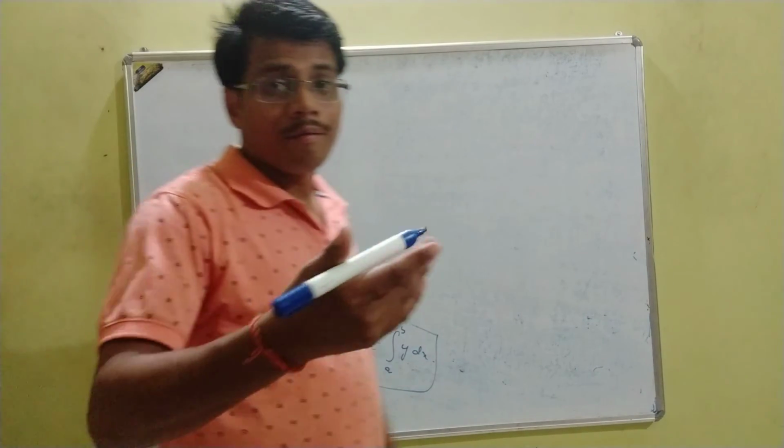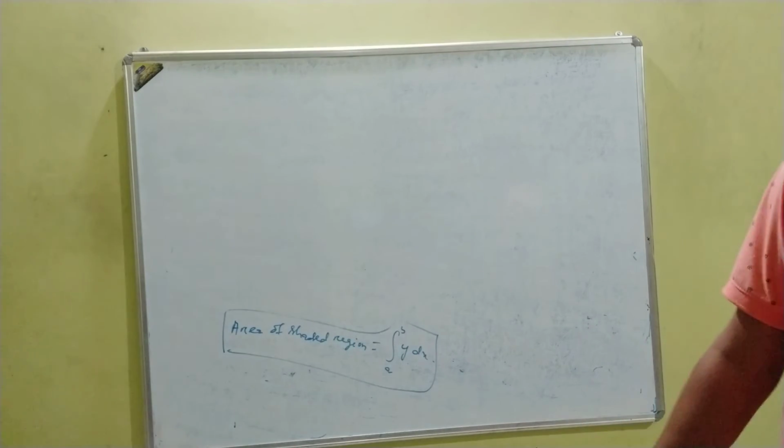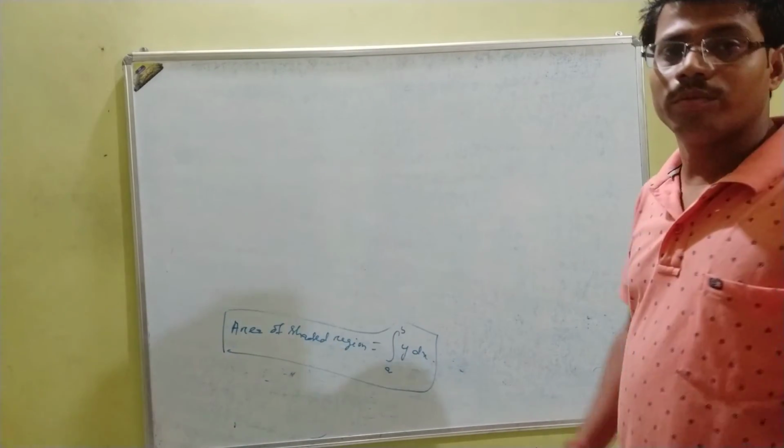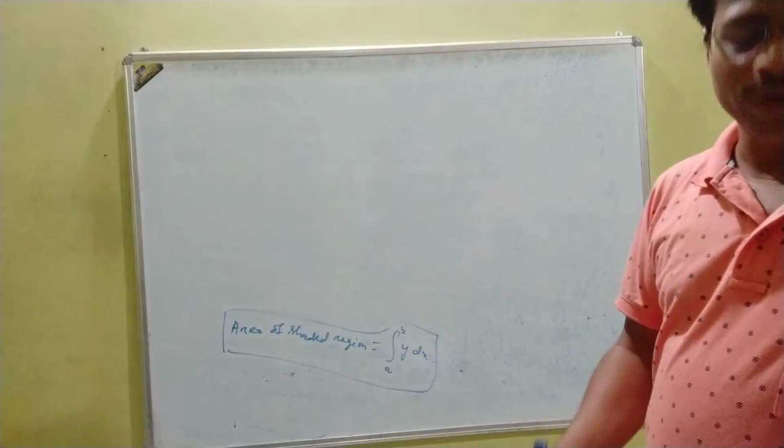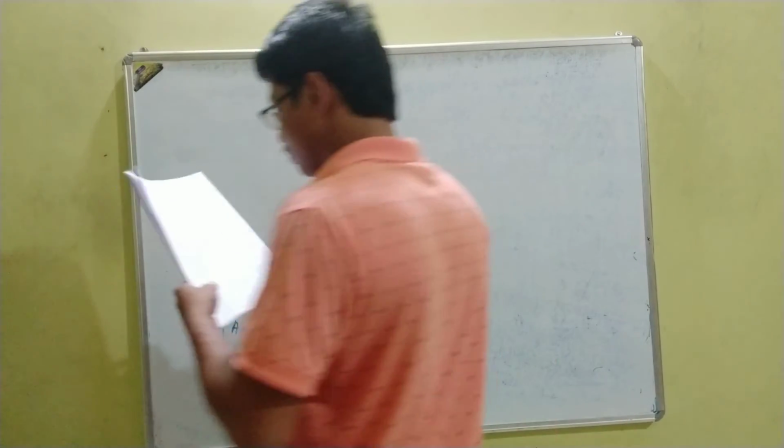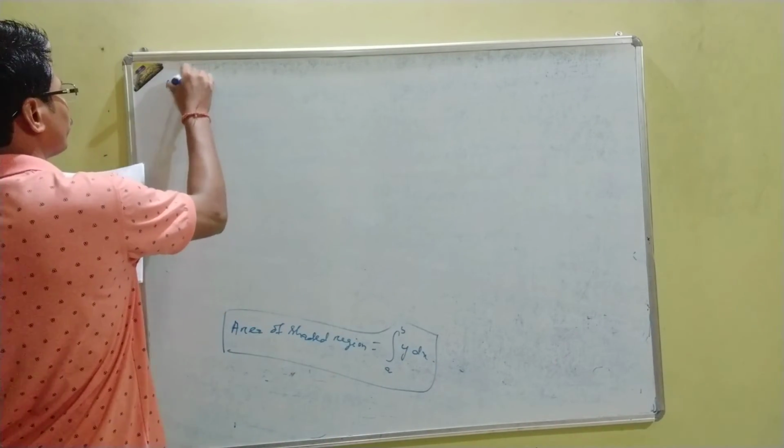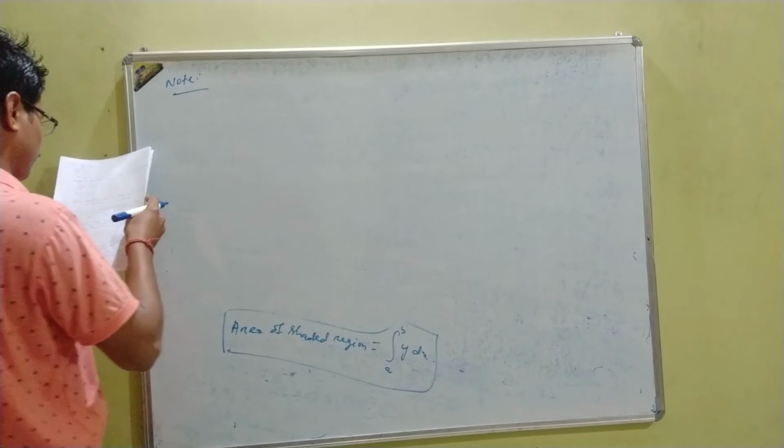When the area is below the x-axis, we say it is negative area. We know that area is never negative, so we take the modulus sign. So we give the two notes related to this.